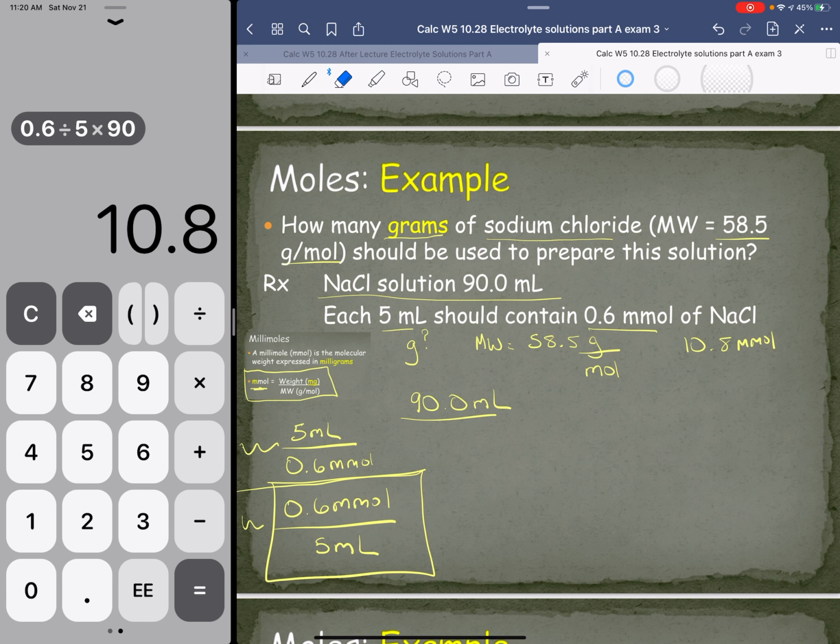But we need to know how many grams it takes to make that. So I'm going to put this into my formula: 10.8 millimoles in that 90 ml of solution. My weight is what I'm looking for, and that's going to be in grams. And we know that there are 58.5 grams per mole.